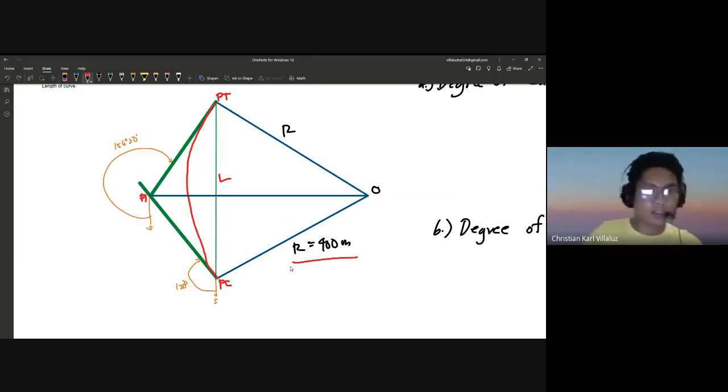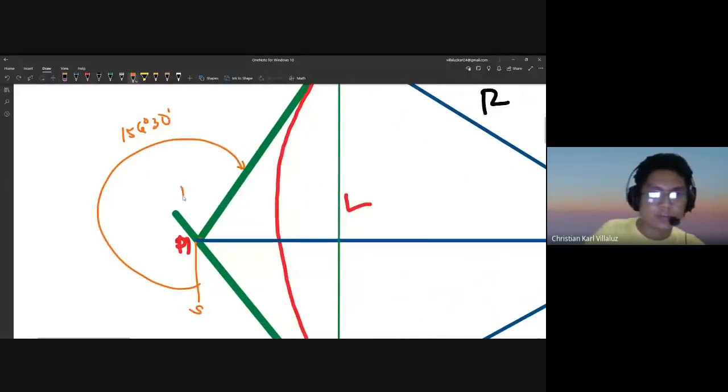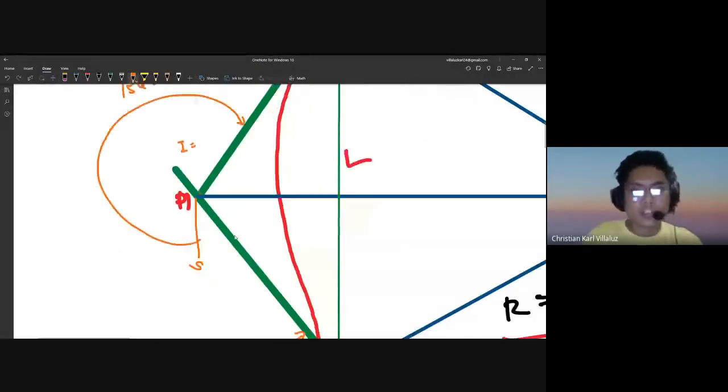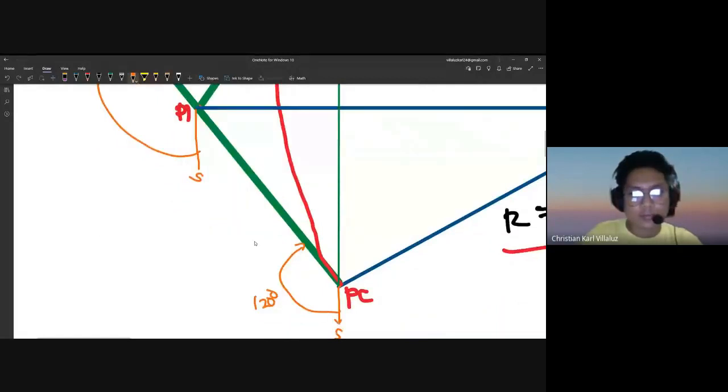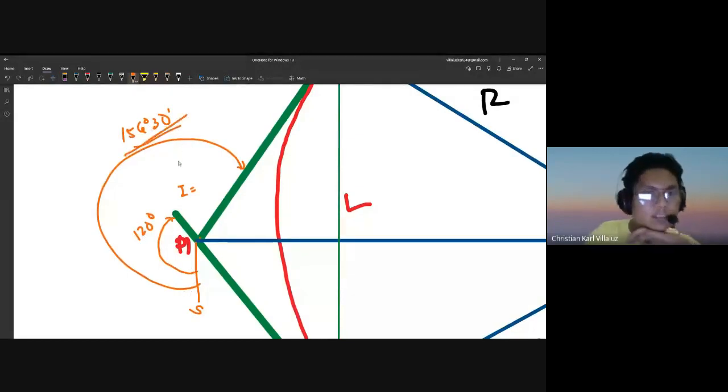Now, back here. For its angle of intersection, we will take the azimuth of the previous tangent, which is 120 degrees. If we extend it here, this is it, right? 120 degrees. So therefore, if I subtract the azimuth of the back tangent, 120 degrees, from the azimuth 156 degrees, 30 minutes, the remaining angle is this.